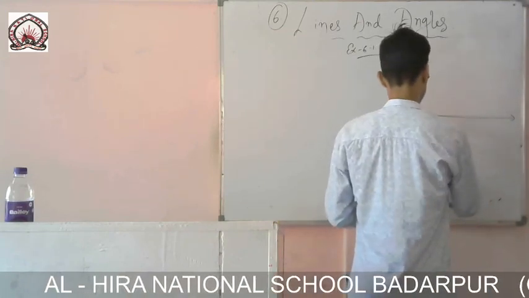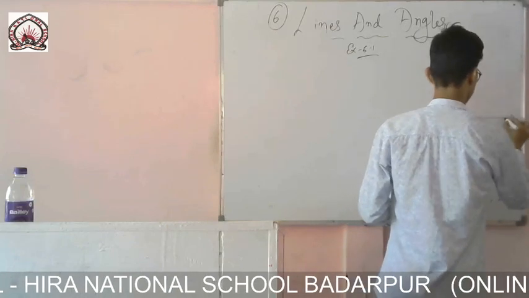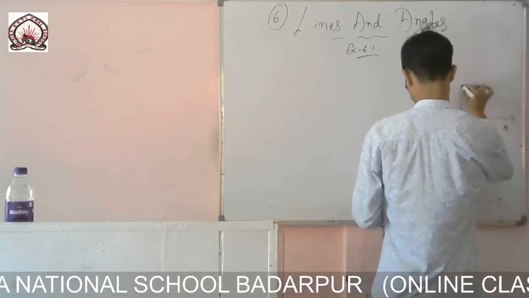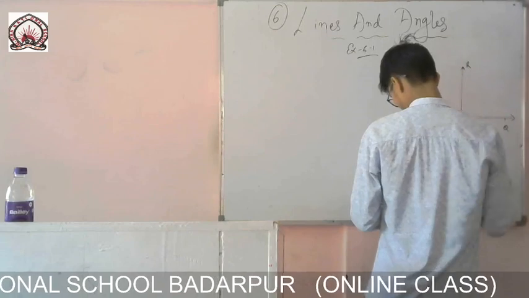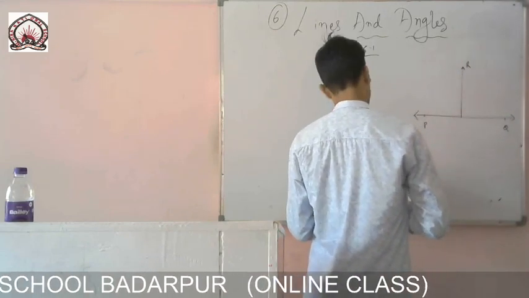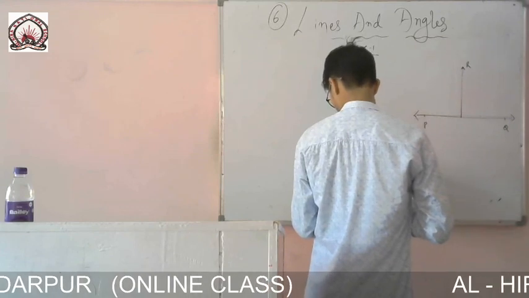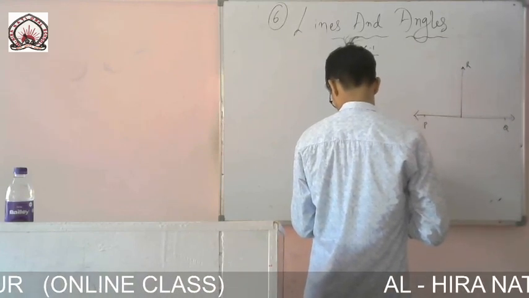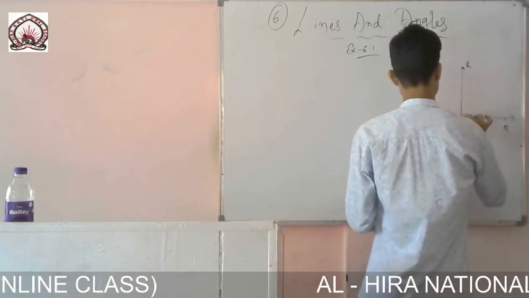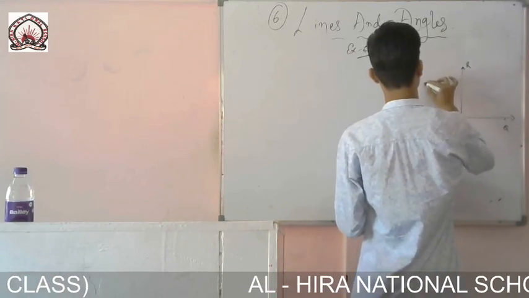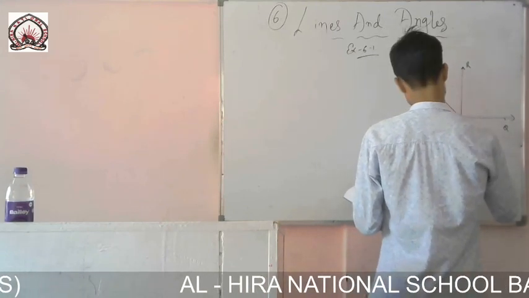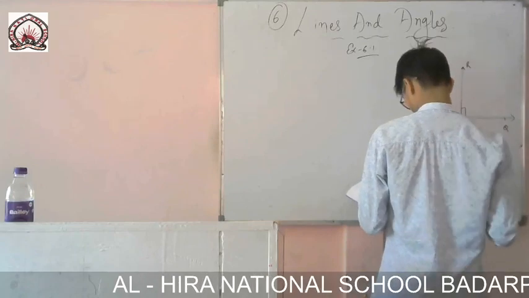So it is given like this: P, there it is given Q, there is a straight line, R, and it is given that OR is the perpendicular to the line, and OS is another ray between OP and OR. Okay.